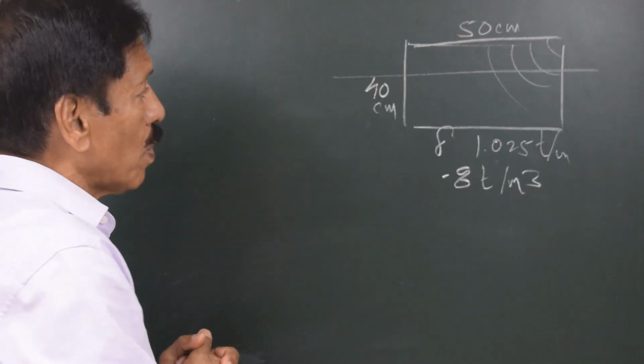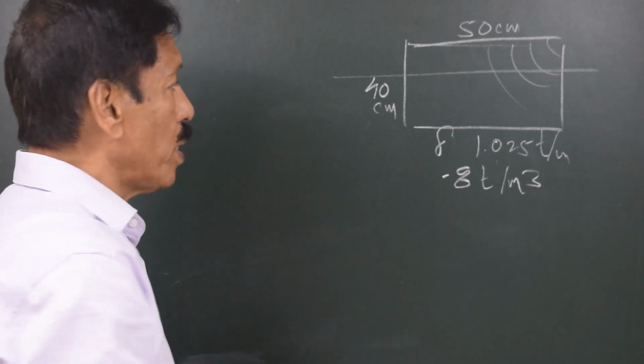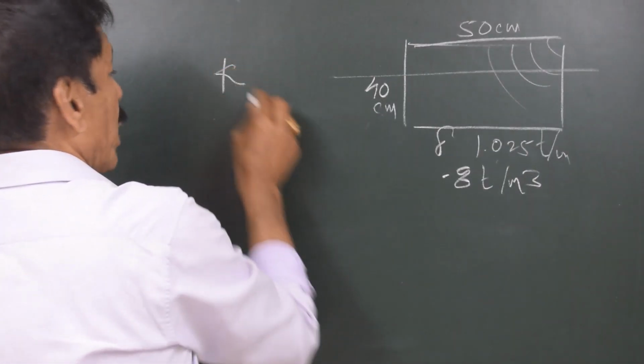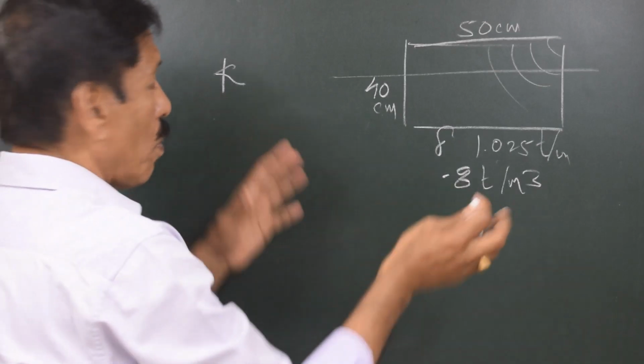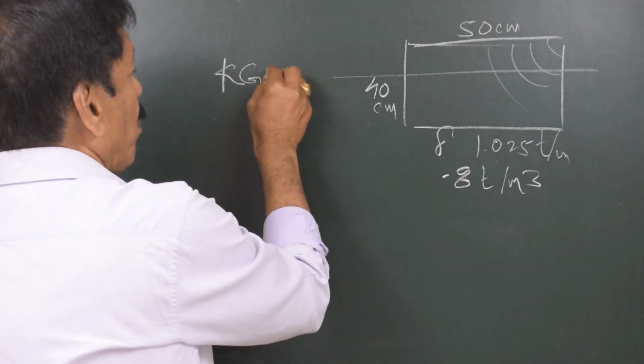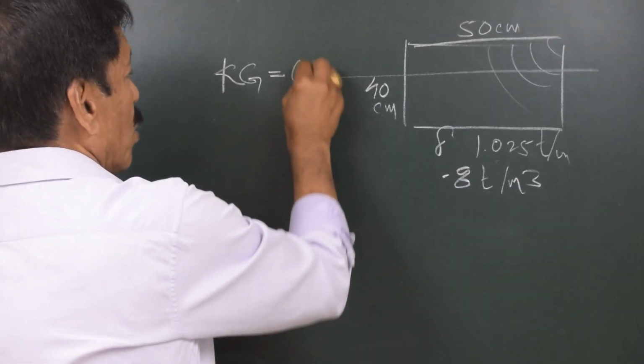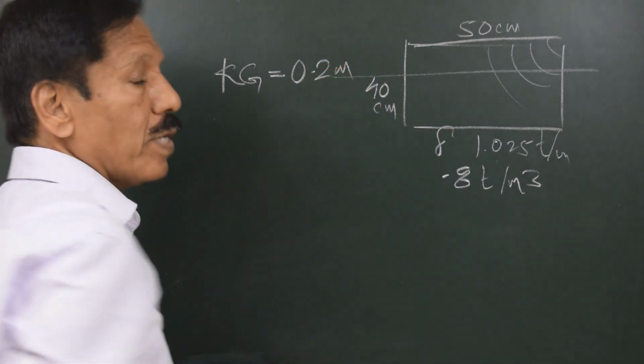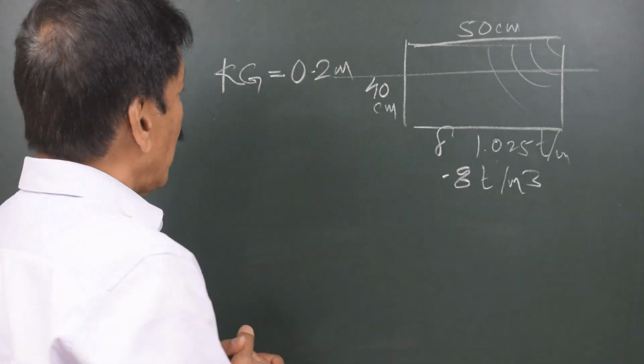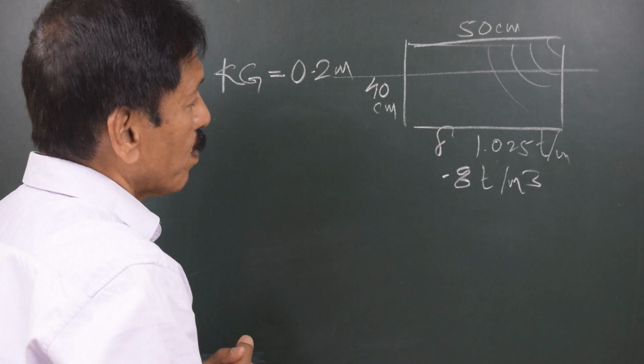The height of the log is 40 centimeters, 0.4 meters. So can I say when it floats, whether horizontal or tilted, the KG can be considered as 0.2 meters, right? KG would be like 0.2 meters.